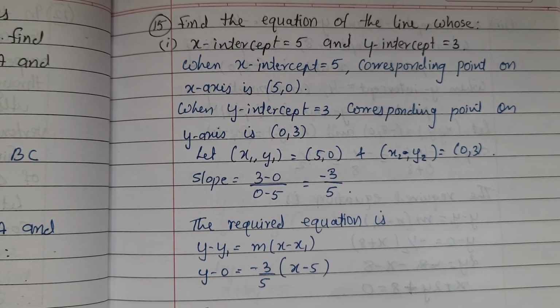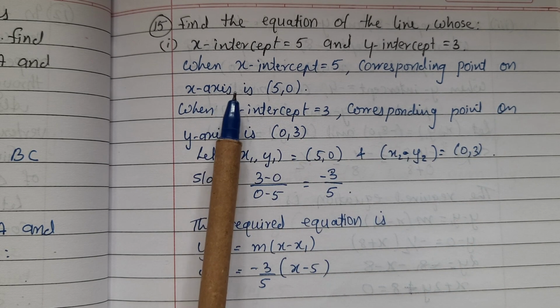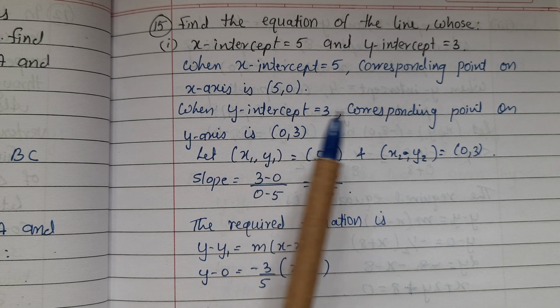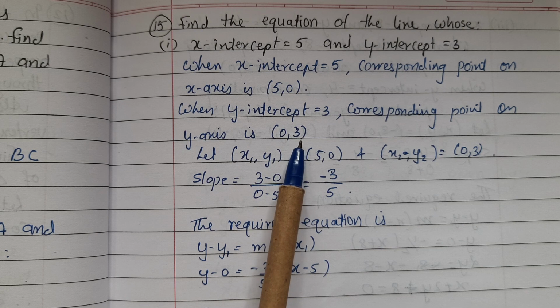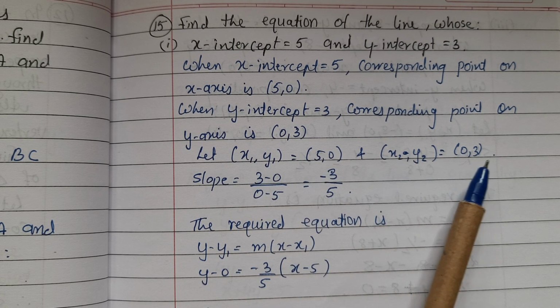Sum number 15. Find the equation of the line whose first part: x-intercept equals 5 and y-intercept equals 3. When x-intercept equals 5, the corresponding point on the x-axis is (5, 0). When y-intercept equals 3, the corresponding point on the y-axis is (0, 3). Let (x1, y1) be (5, 0) and (x2, y2) be (0, 3).